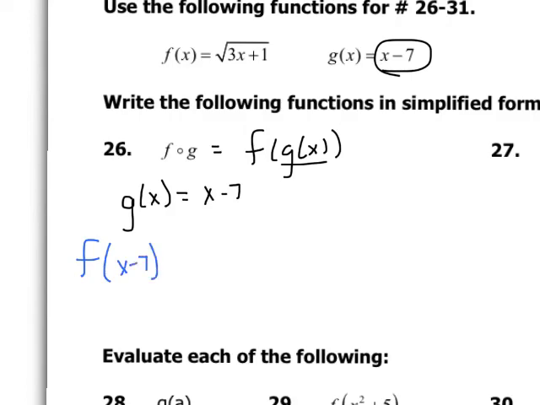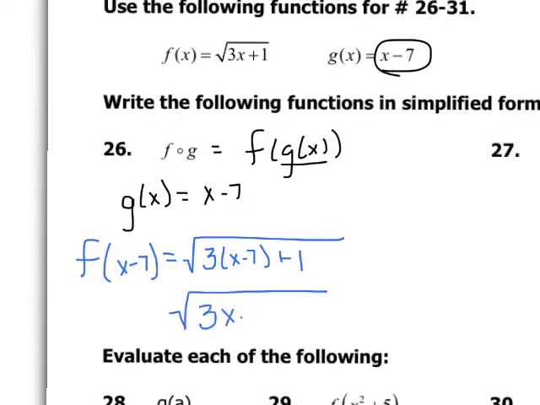So instead of using just an x, right here, instead of just an x, I have x minus 7. So instead of this x, I'm going to have x minus 7. So that's 3x minus 21 plus 1 is 3x minus 20.